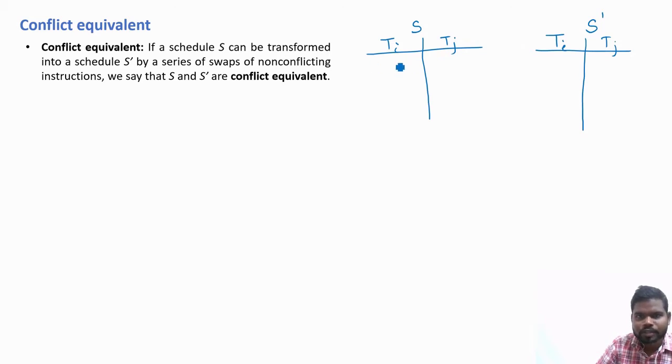Let's suppose there are 5 instructions, numbered 1, 2, 3, 4, 5.